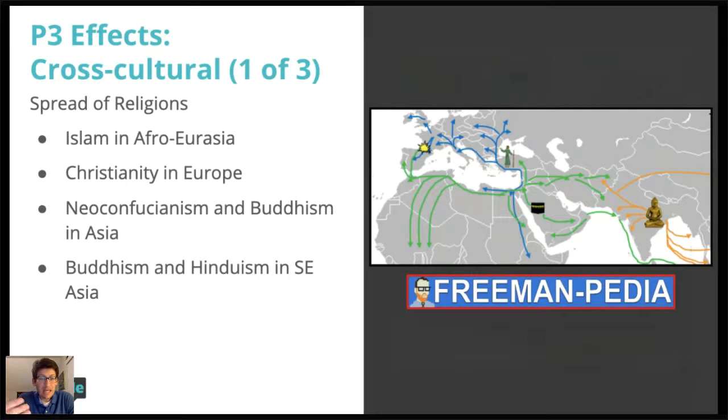Now, in addition to that, we have other religions continuing to spread in this time period. Christianity began in time period 2. It will continue to spread in time period 3. I think one of the most interesting facts to think about is that Islam had conquered Spain before Christianity reached Denmark, right, in Europe.